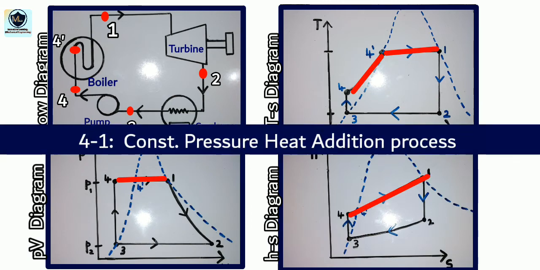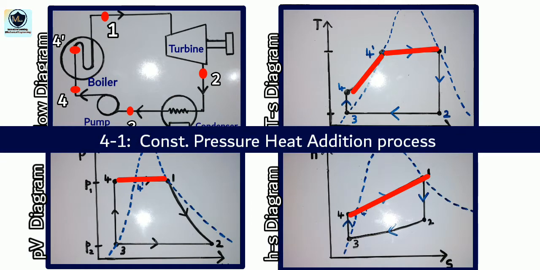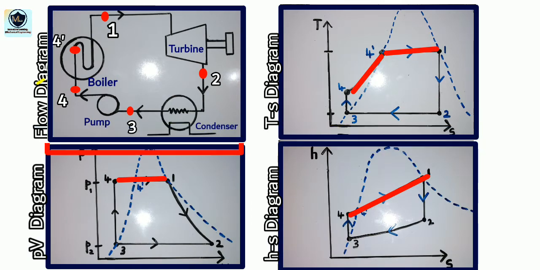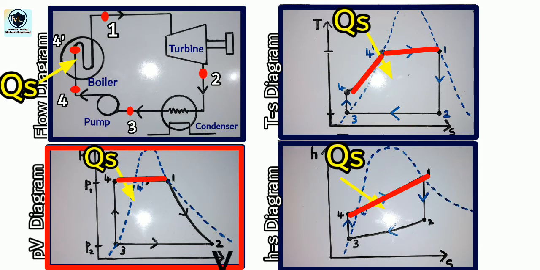In process 4 to 1, that is constant pressure heat addition process, heat is supplied to the system. Pressure remains constant, that is P4 equals P4' equals P1. All the 3 points lie on the same line, and as the water is converted into steam, volume rises from V4 to V1.